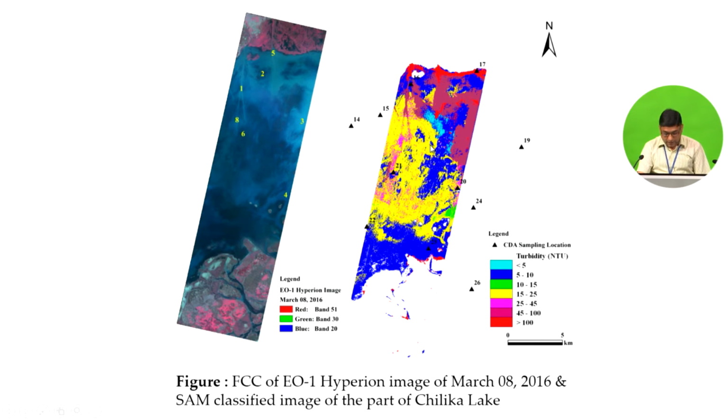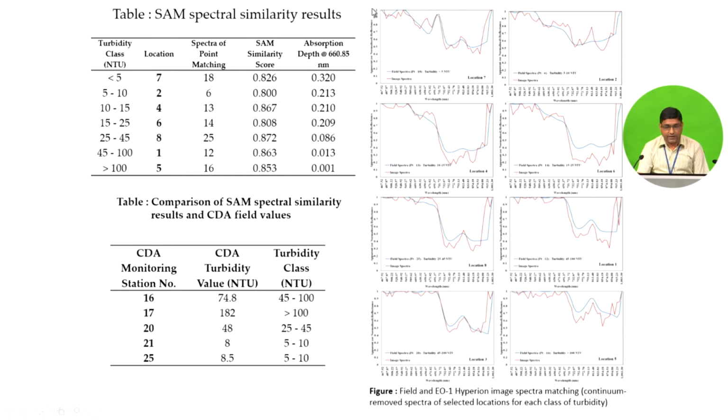In this way, if we have the spectral library with different varying concentration of any parameter, we can map the water quality using the spectral similarity analysis.